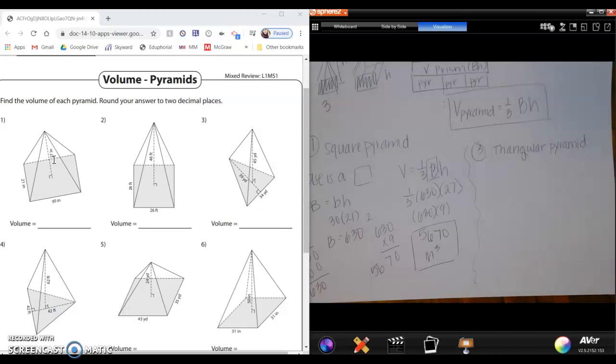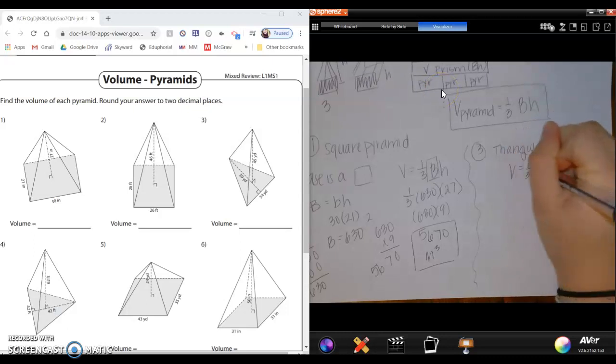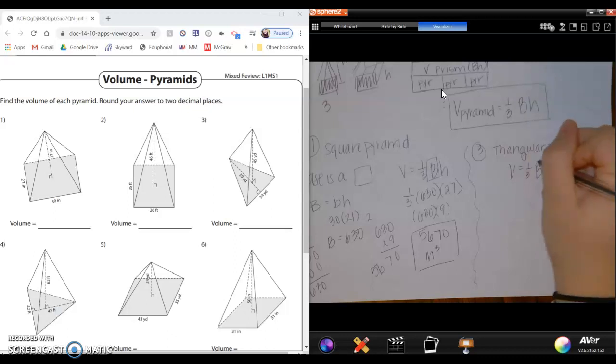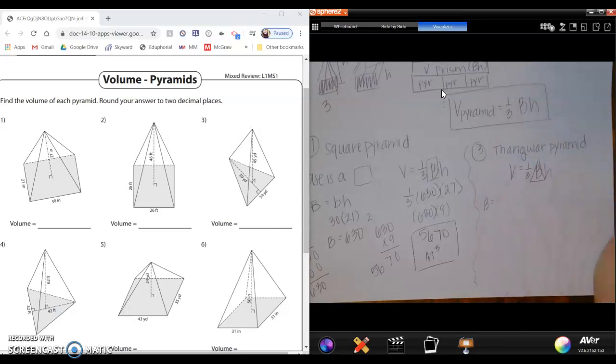One, the base of my 3D shape right here is a triangle. And then it's a pyramid, which means I will be using the volume is equal to 1/3 of the area of the base times the height. So I'm going to go ahead and write my formula. And around my big B, I'm putting a triangle now because my base is a triangle. I have two variables to fill in my formula, so I'm going to come down to area of the base first.